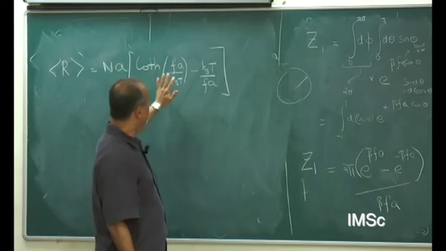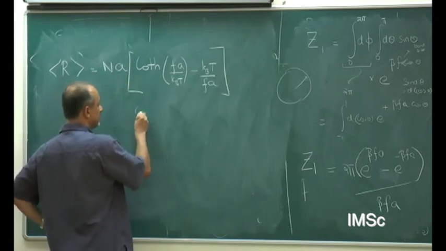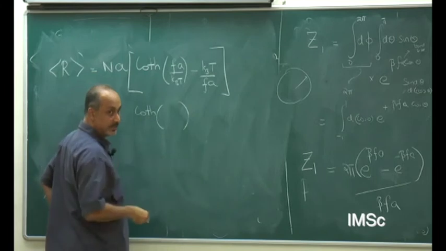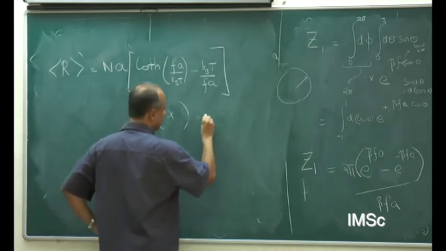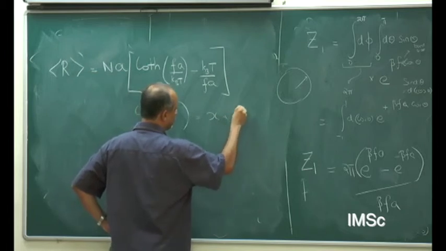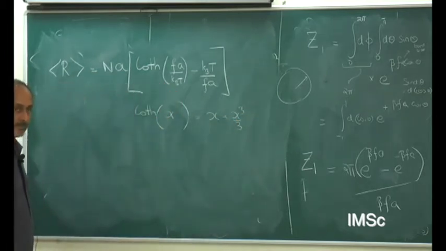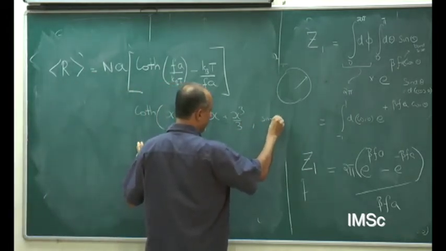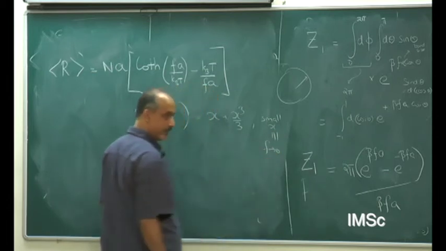Let's try and understand each of these terms. So let's understand what happens to the coth function when the argument is very small, when the force is very small. So coth of x is 1 by x plus x by 3 for small x, which is the same as F tending to 0.